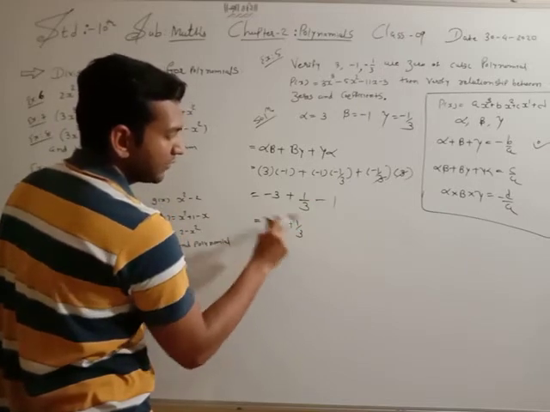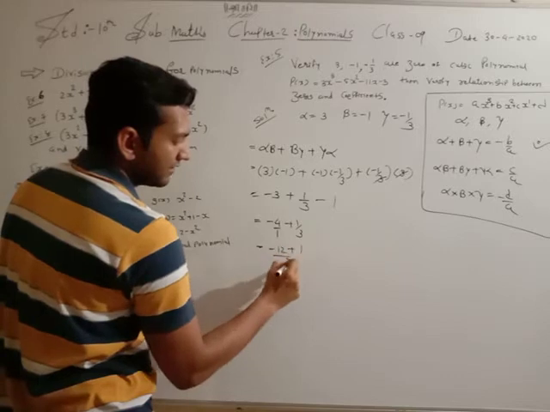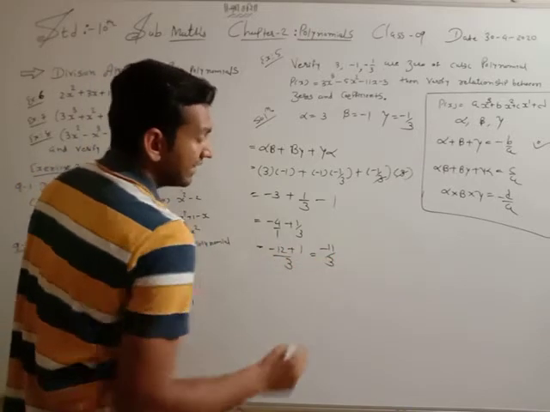Now cross multiplication: 4 threes are 12, plus 1 ones are 1 upon 3, minus 11 by 3.